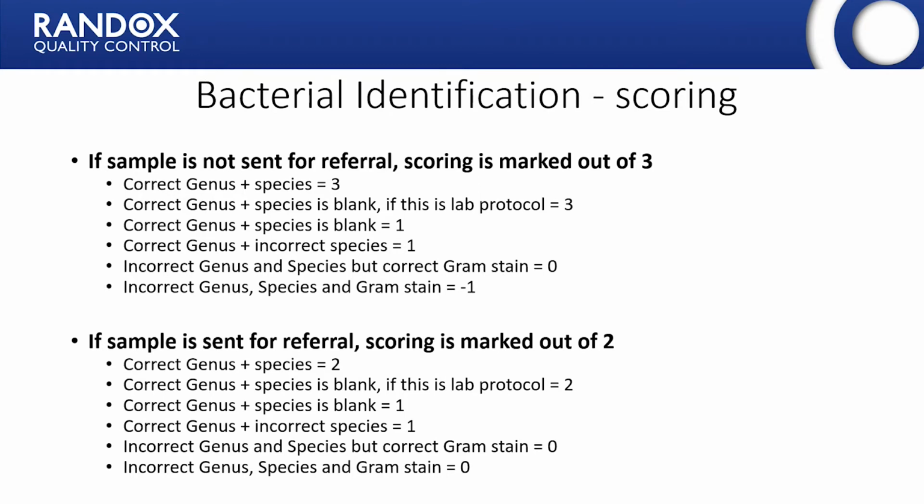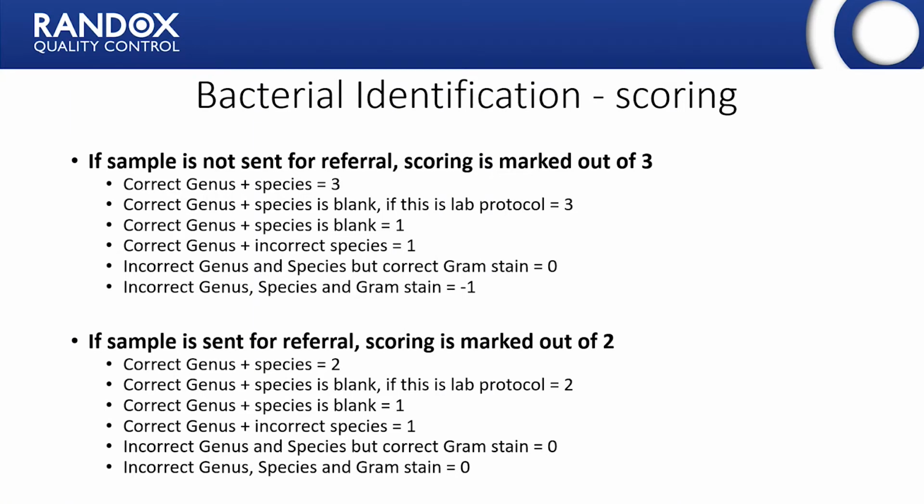That is if they don't send the sample for a referral, i.e., they make the identification themselves, which is fine. It's also fine if they leave the species blank, if that is their protocol, so that if they only ever identify to the genus, then that's fine. They'll still get full scores for that, but they have to record that as their protocol.